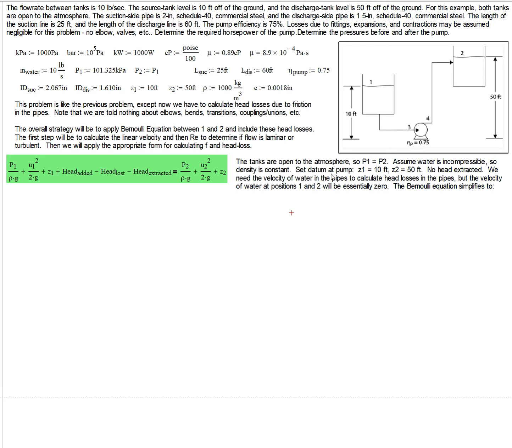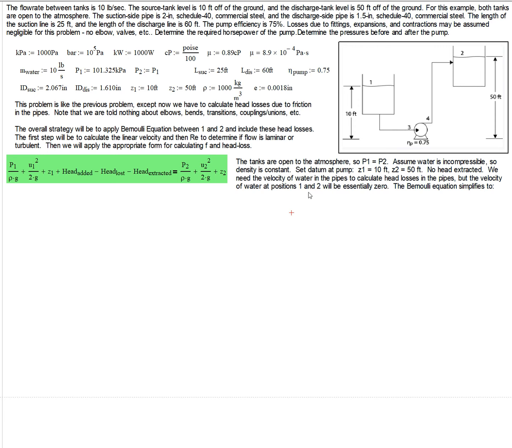What about our elevations? Well, we can set the datum at the pump. And so position 1, Z1, is going to be 10 feet, and position 2, Z2, is going to be 50 feet. Again, there's no head extracted. We will need the velocity of the water in the pipe so we can calculate the head losses.